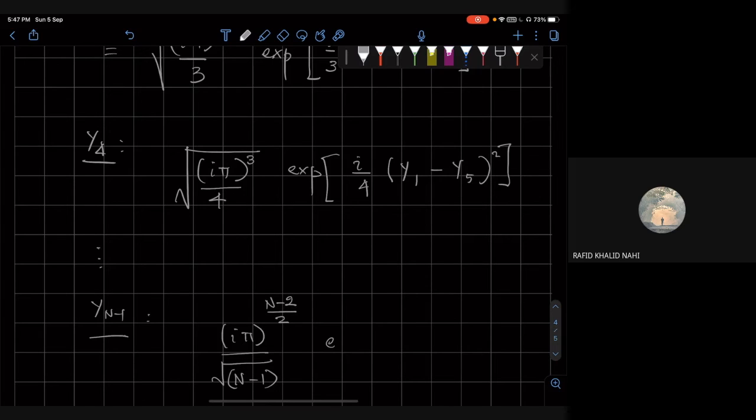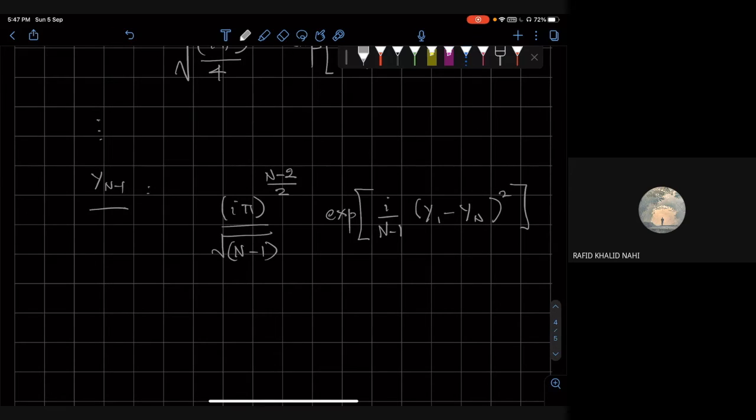And in the argument of the exponential, we'll get i to the power n minus 1, then y1 minus yn squared. Okay. So this is going to be the result of our whole integral.